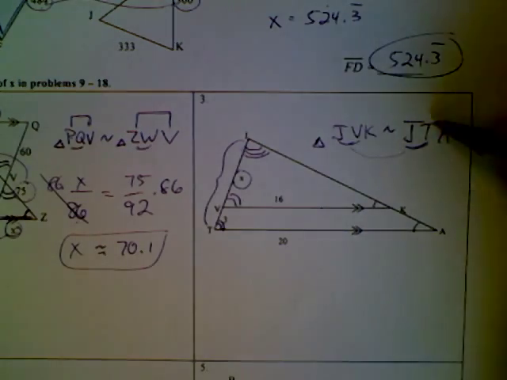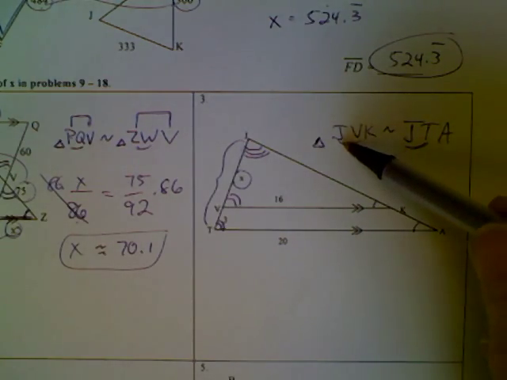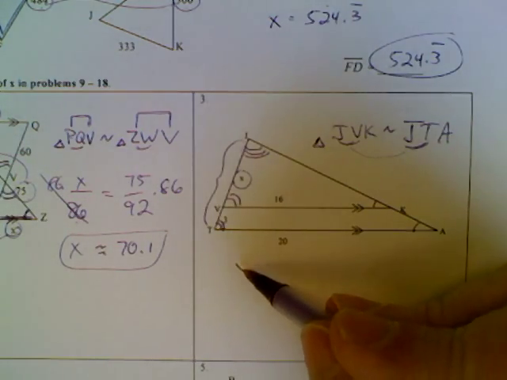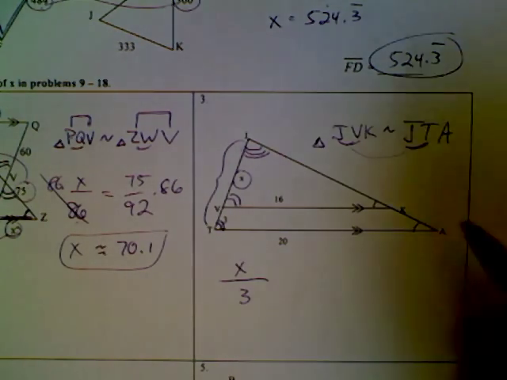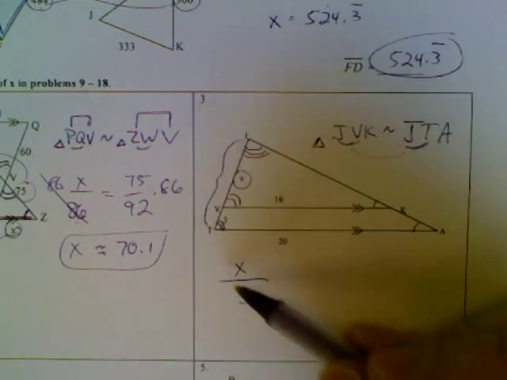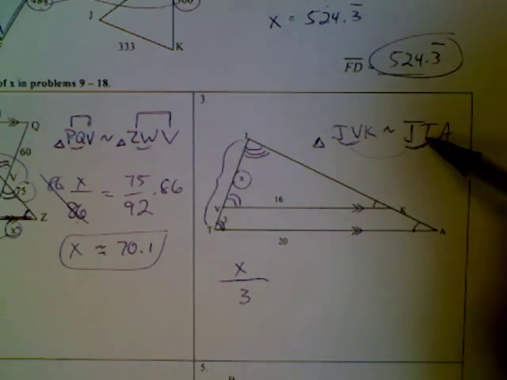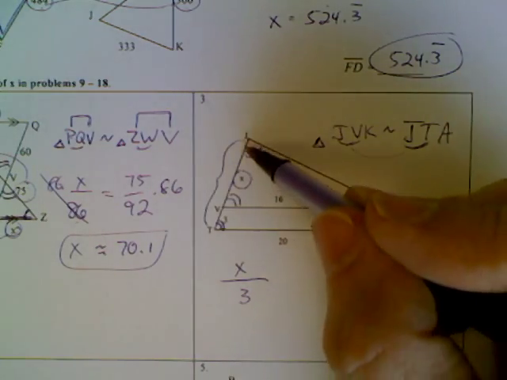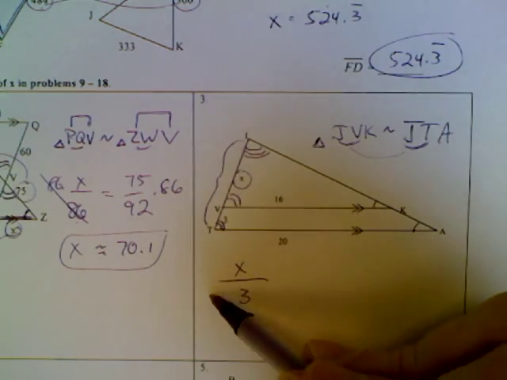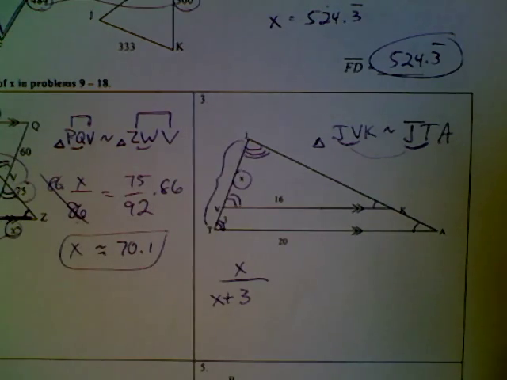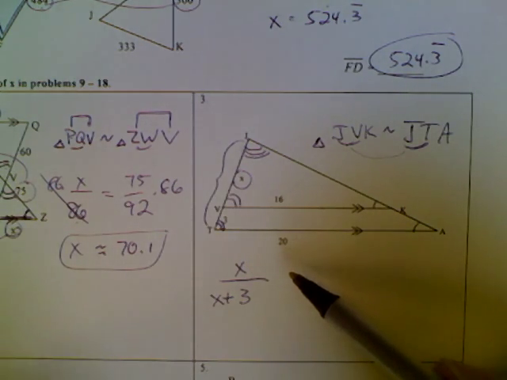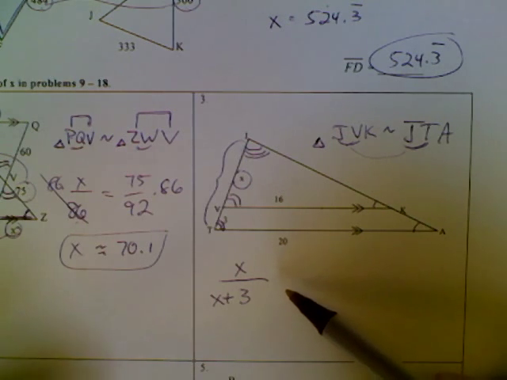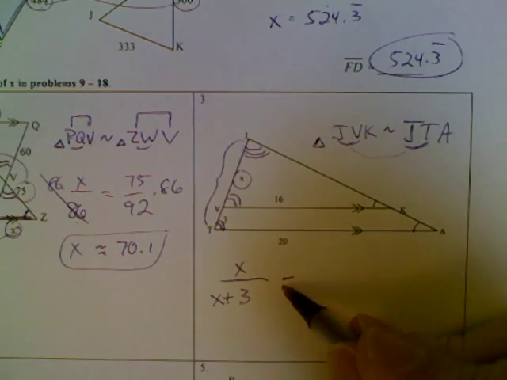See, if you don't write these names here and you don't pay attention to what JV matches up to, I'm afraid you're going to write X over 3, and that would be trouble. You're going to get the wrong value for X if you start this equation this way. JV matches up with JT, and JT is this whole thing. It's X plus 3. It would have been nice if the variable only showed up in one place in this equation. That would have made life easier, but it doesn't, and there's no way around that.